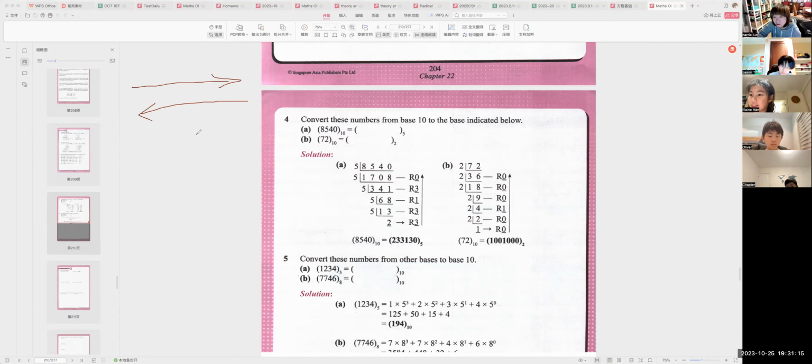Okay, so we've already learned how to transfer a base 10 number into base 5. And now we transfer base 5 back to base 10. Correct? Okay, so 1, 2, 3, 4 in base 5 into base 10. How do we do it?